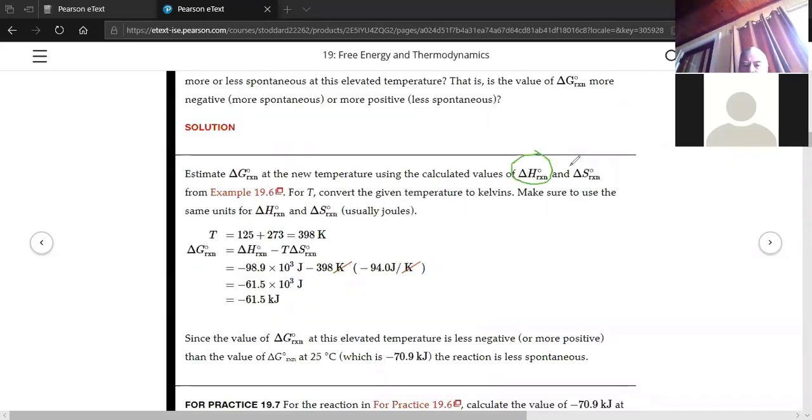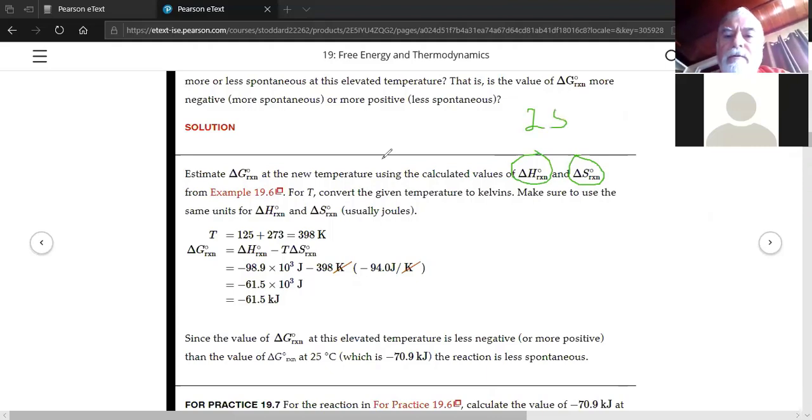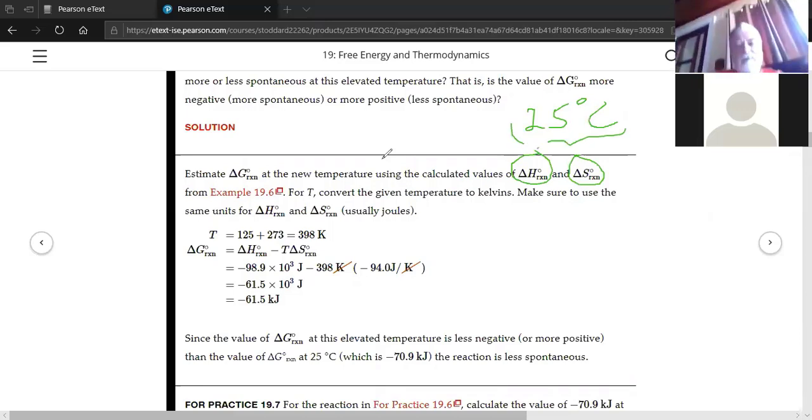When you pull them from the table, they're only valid exactly at 25 degrees centigrade. That's what these are, only at 25 degrees centigrade, because that's what the table is created for. But sometimes you might want to calculate delta G at a temperature other than 25 degrees centigrade.